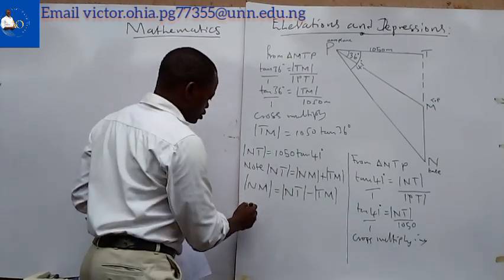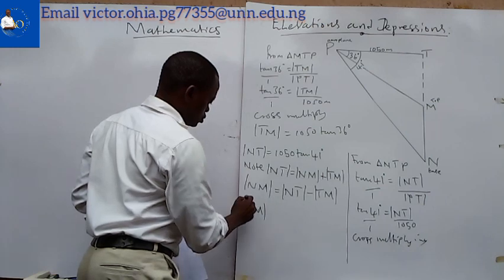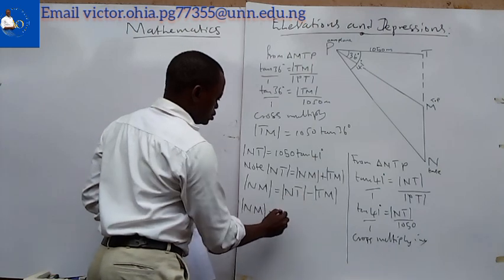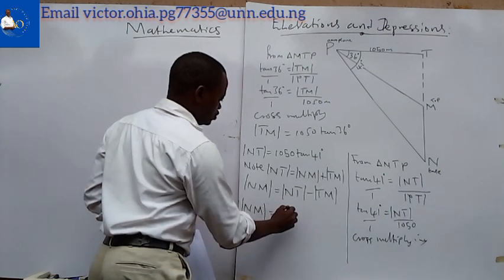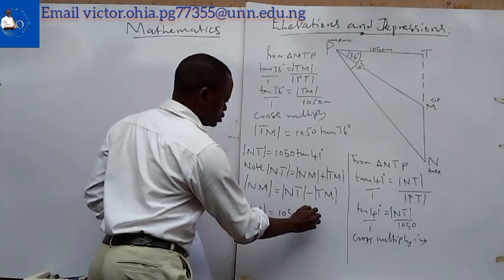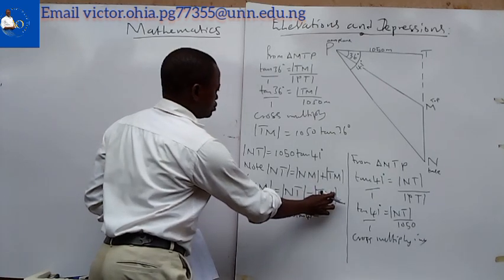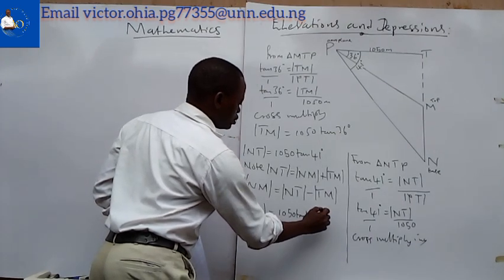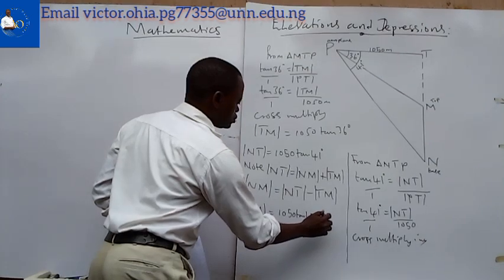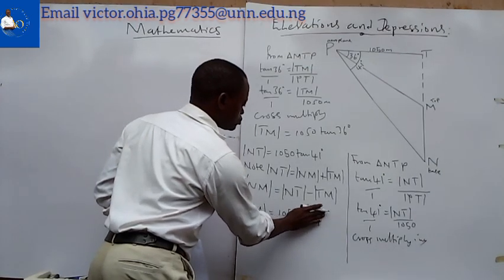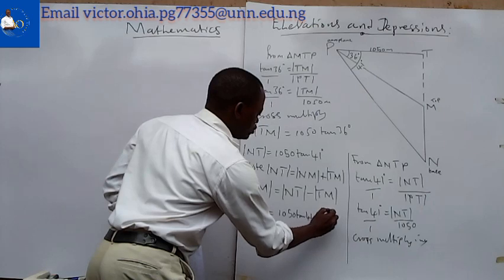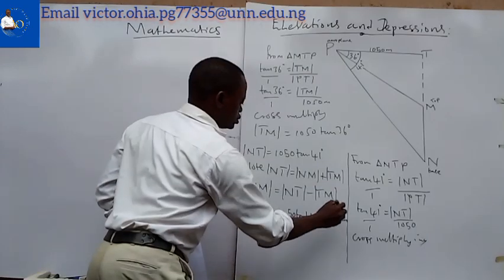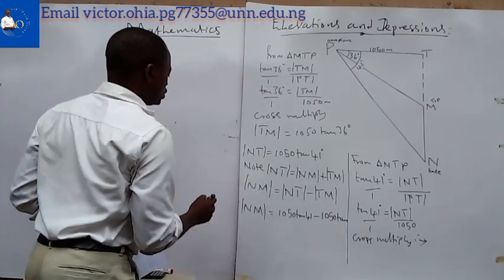So it then means our NM is equal to, what is this now? NT is 1050 tan 41 minus, what is TM? That is 1050 tan 36. Let me write it where you get what I'm saying.